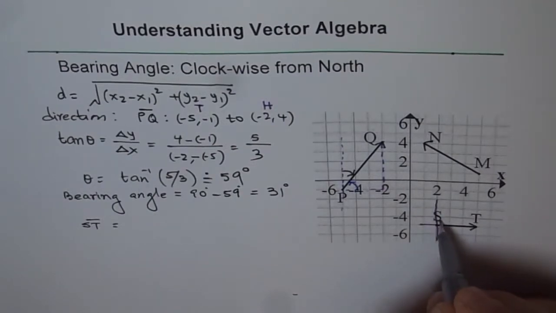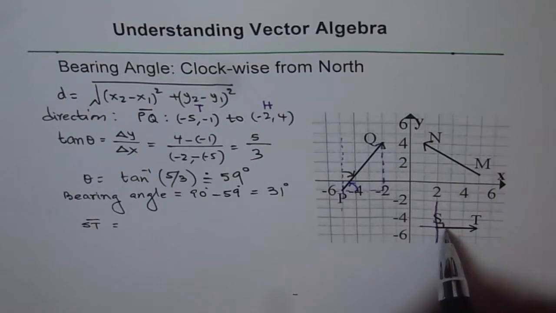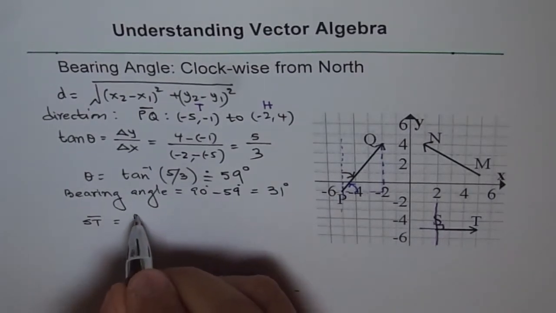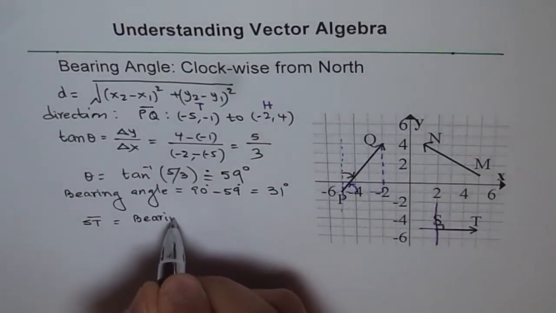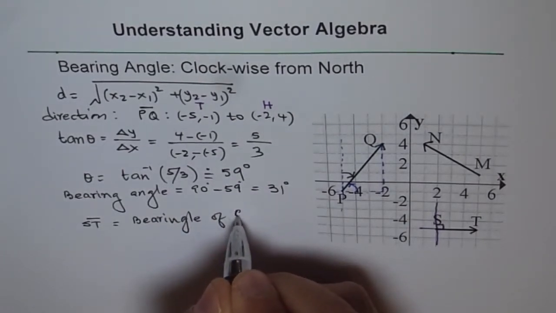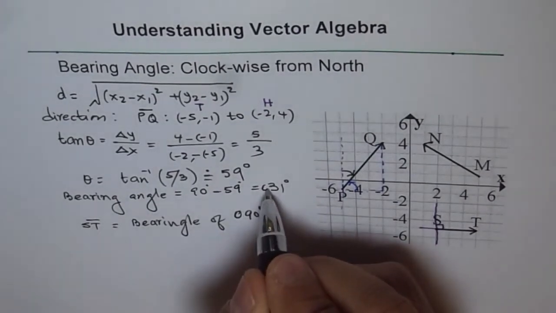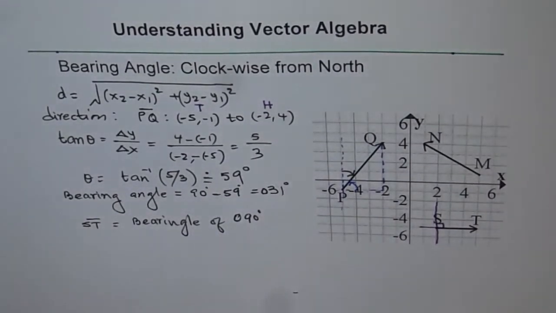What angle does it make with north? 90 degrees, clockwise. So we say the bearing angle is 90 degrees. But remember, we always have to write three digits. So 090 degrees is the bearing angle for ST.